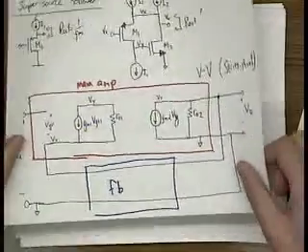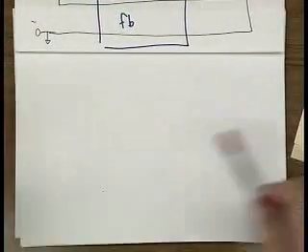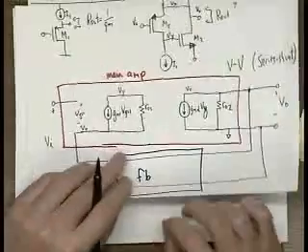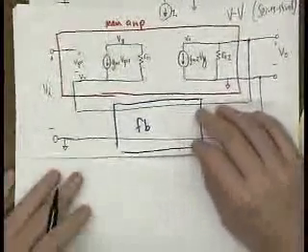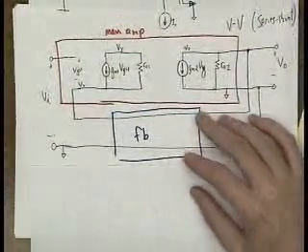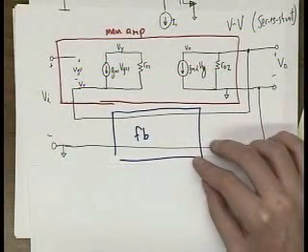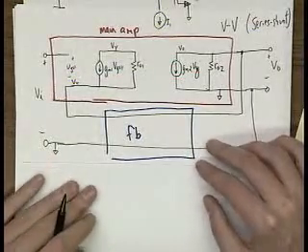Okay? So now, let's look at what A is. What is A equal to? The forward open loop gain? This is not tricky. Please, someone volunteer an answer.